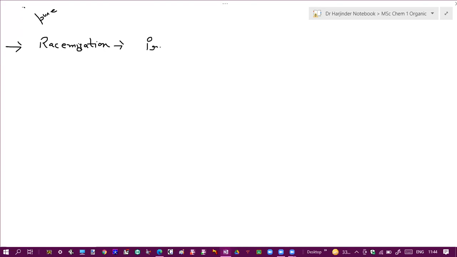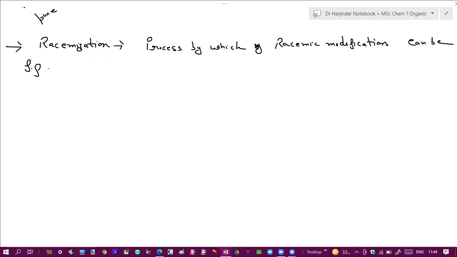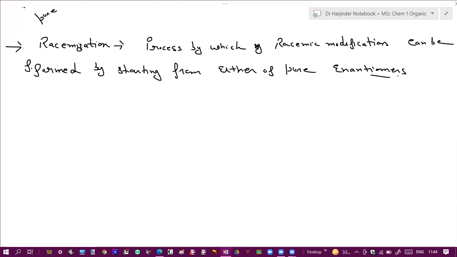Racemization is a process by which racemic modification can be prepared, or racemic modification can be formed, by starting from either of the pure enantiomers.